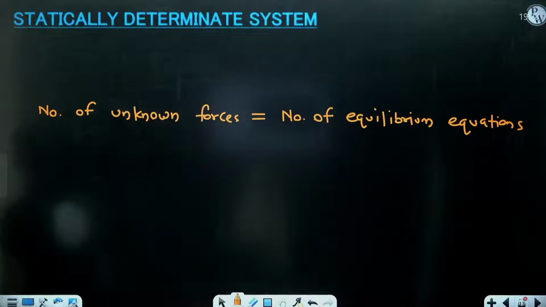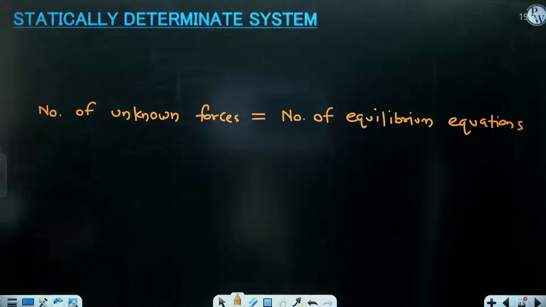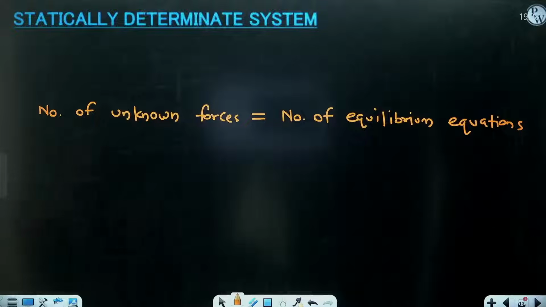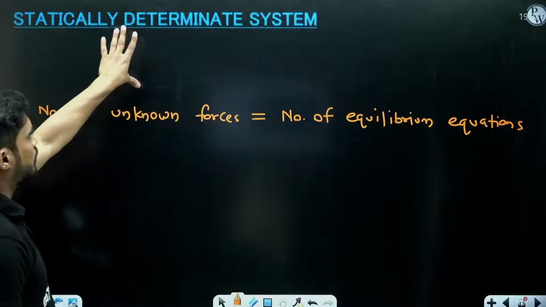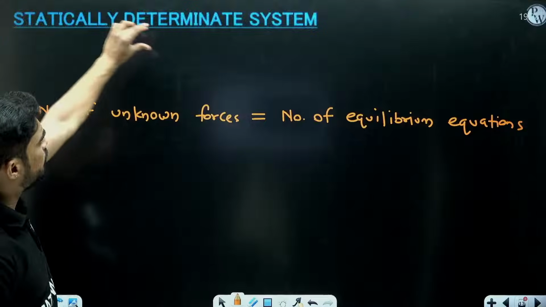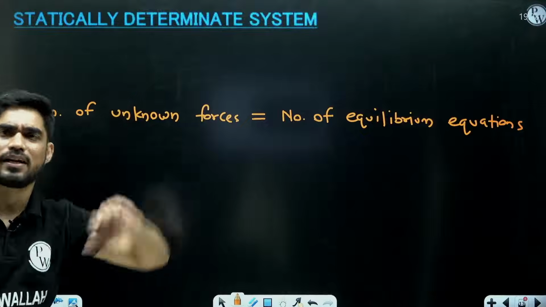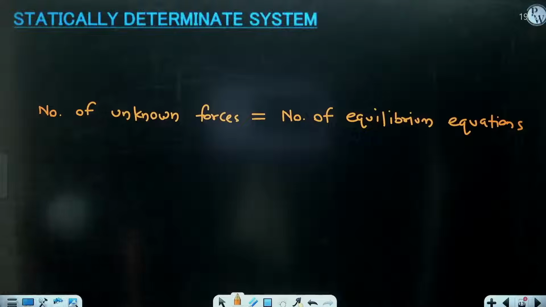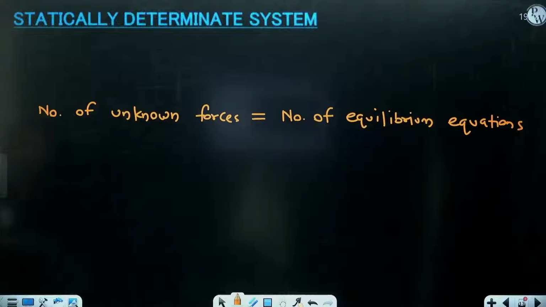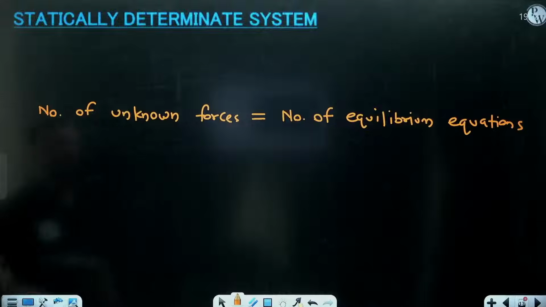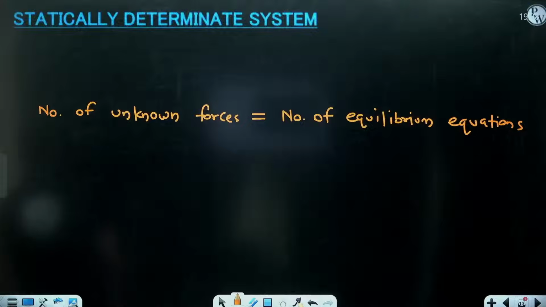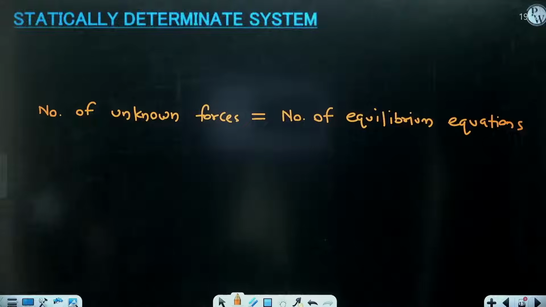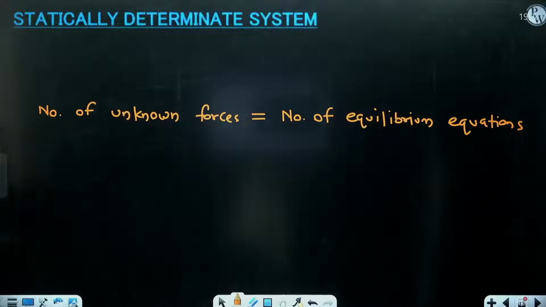So if I can find all the unknown forces just by using equilibrium equations, it is known as a statically determinate system. Understand the meaning of this sentence? Statically determinate. Determinate means I can determine. Statically means by applying static equilibrium equations. So if I can determine the unknowns just by static equilibrium equations, this is known as a statically determinate system.